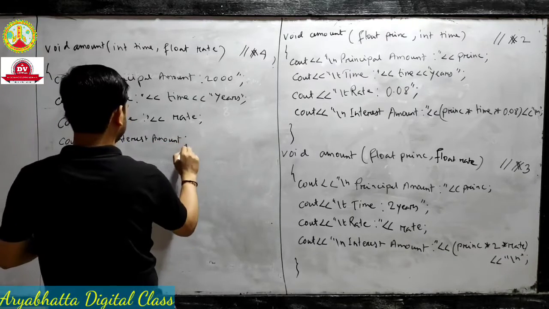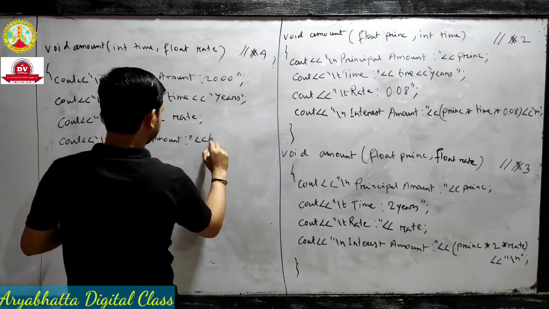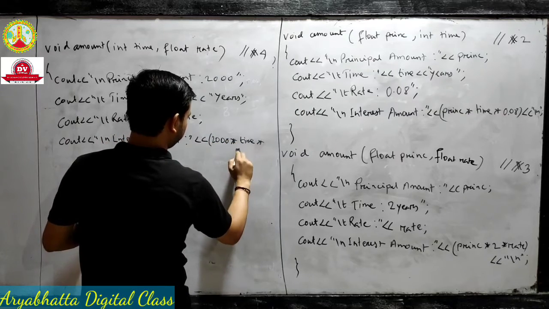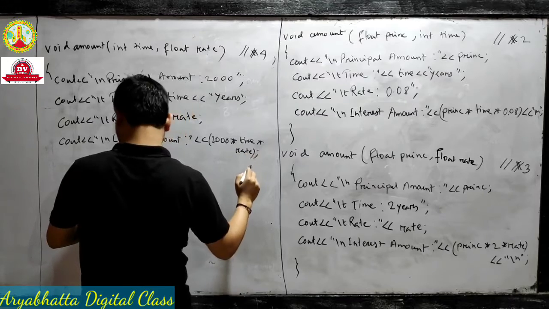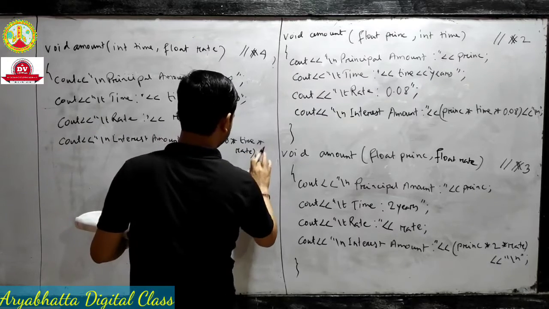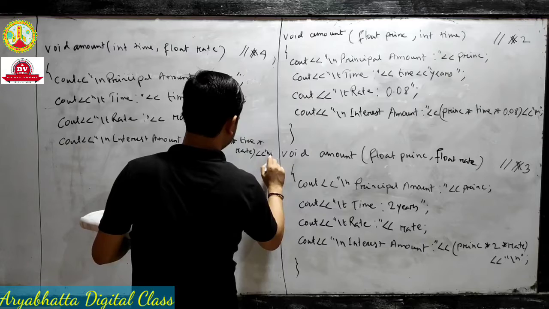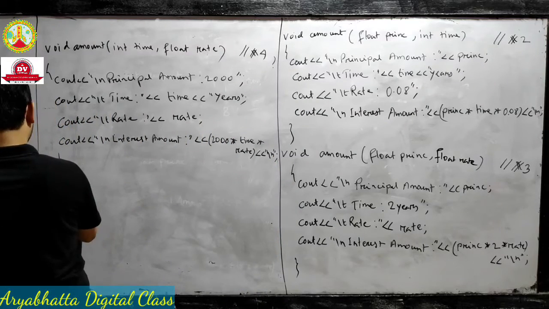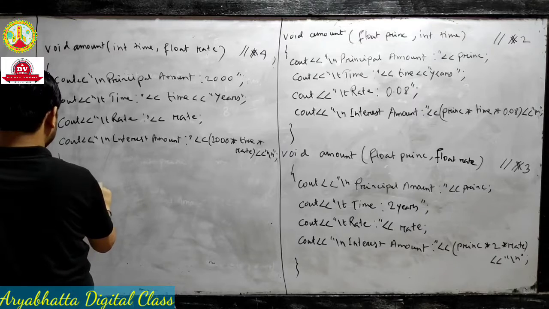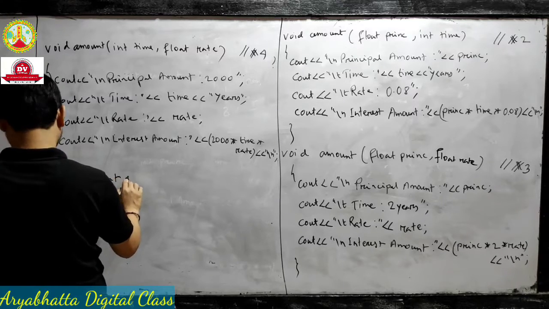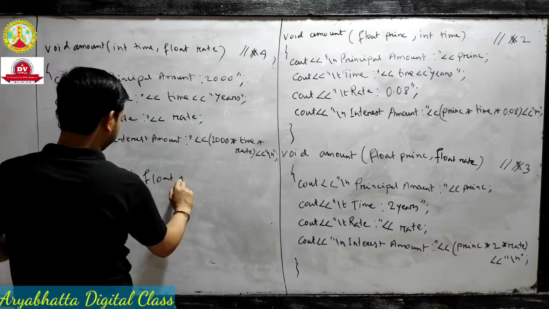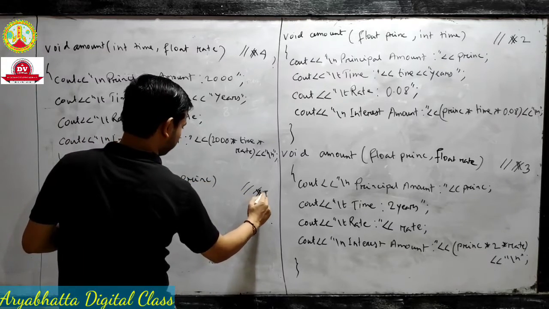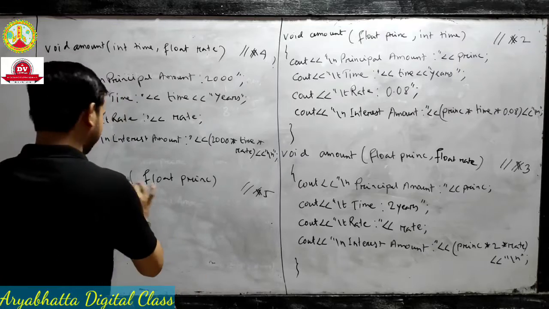Interest amount 2000, time, rate. Okay, time, rate, and the last one is case 5, function 5. Here we take only principal, meaning rate and time we already define in input.